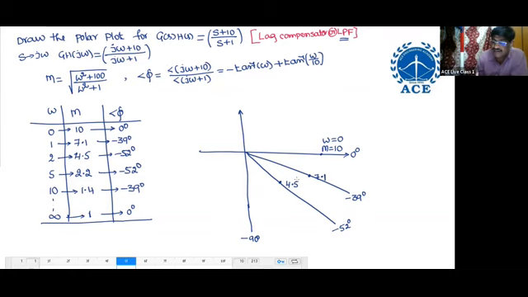Next, 5 with magnitude 2.2. Omega 10, magnitude 1.4 at minus 39. Next, infinity, magnitude 1. Join these, then you will get the polar plot.